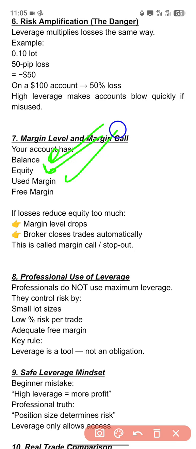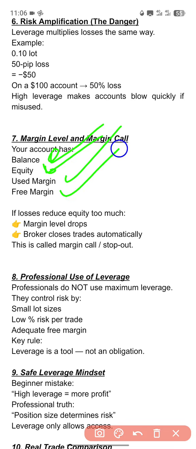Now we have the used margin, and the margin, I already explained that. The margin is when you borrow capital from the broker to trade, you are able to use a certain amount of capital that you deposit in your balance to open a trade, and that margin will always be indicated.